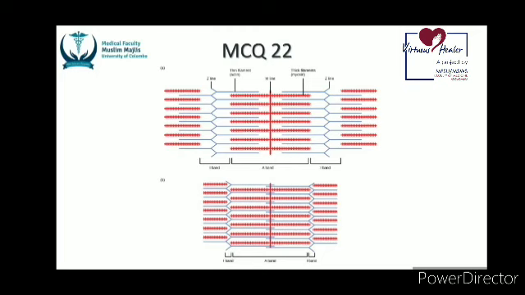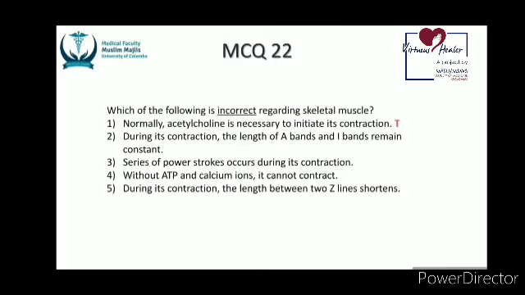So that after the muscle contraction, the length of the I band that contains only the thin filaments is going to reduce. But the length of the A band that contains both thick and thin filaments is going to be the same. So in this second statement, the length of the A bands remain constant, but the length of the I bands will not remain constant. So therefore this statement is false.